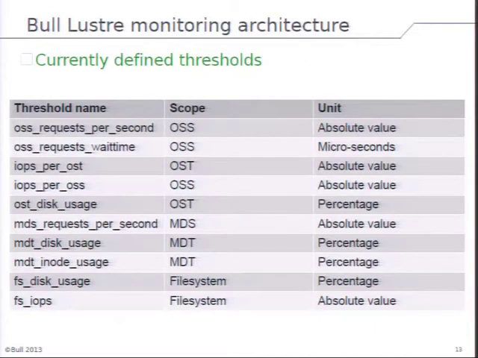For targets, we have the OSS request wait time that we can set, and for target we have the OST disk usage, for example. To deactivate one threshold, one just needs to set its value to 0, and it is not activated.